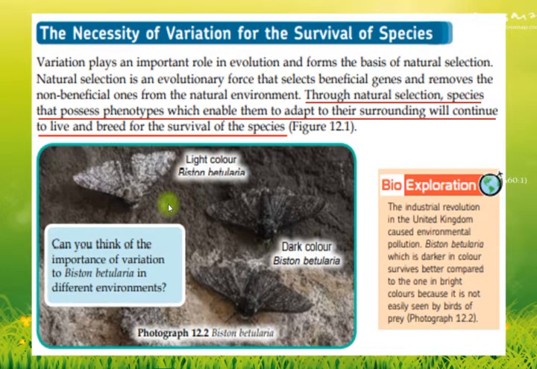Let's take a look at the diagram here. As we can see, there are two characteristics of the Biston betularia: a group with a white or light color, and another group with a darker color.